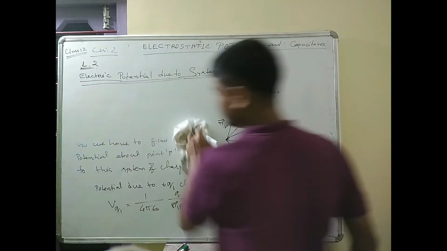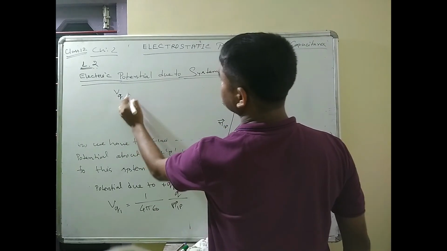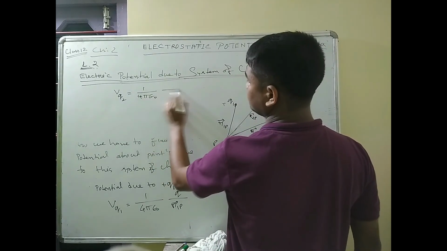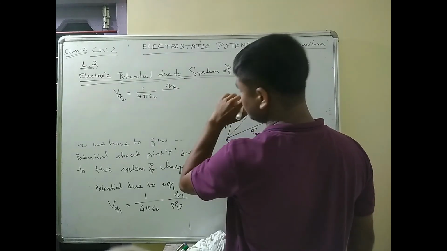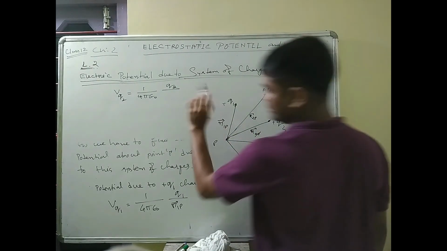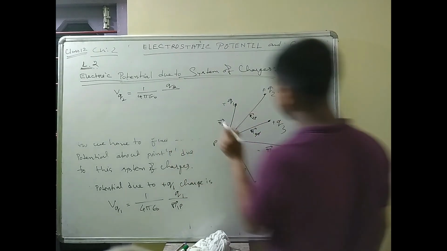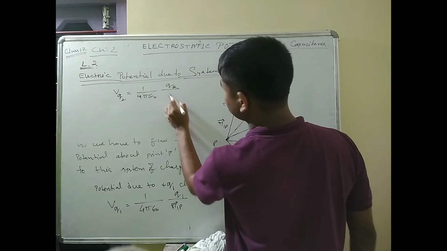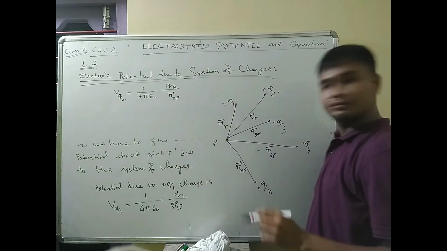Similarly, the potential due to the Q2 charge is 1 by 4 pi epsilon naught Q2, which is the source charge in this case, and the distance between them is R2P.